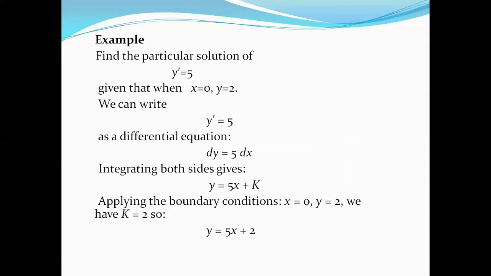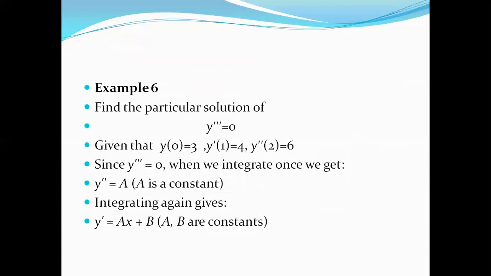Integrating both sides gives y is equal to 5x plus k. Now applying the boundary condition, we have given x is equal to 0 and y is equal to 2. We have k is equal to 2. So y is equal to 5x plus 2.